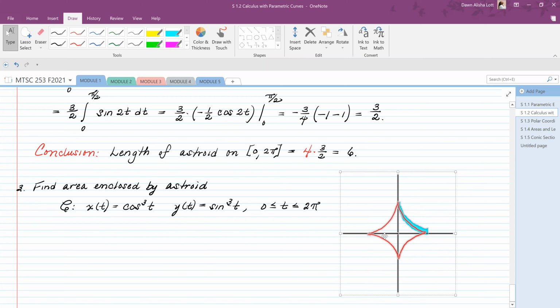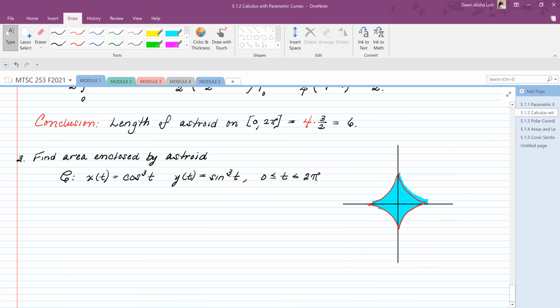So what I now want is this area. Okay. So again, we're going to use the fact that it's symmetric. So we're only going to compute the area underneath the first piece.